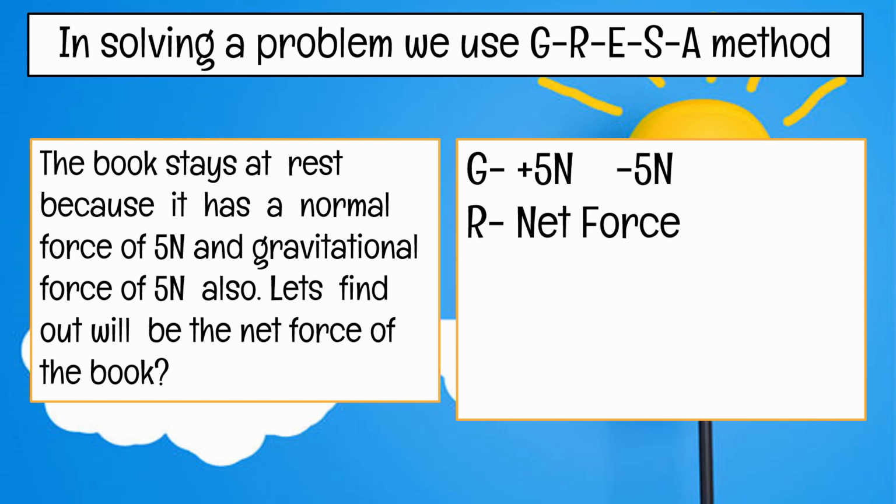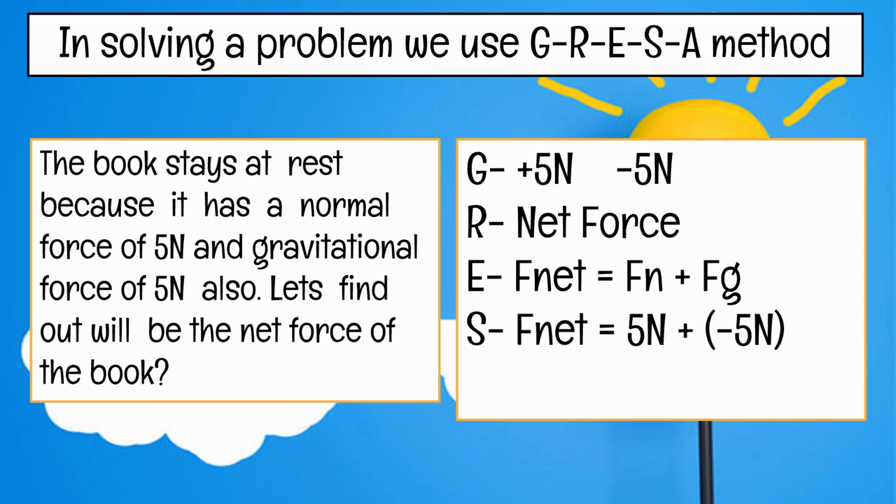The required is the net force kasi yun yung hinahanap. The equation for the net force is Fnet equals Fn plus Fg, wherein Fn is the normal force while the Fg is the gravitational force. The solution is Fnet equals 5 N plus the negative 5 newtons of gravitational force. So the answer will be 0.